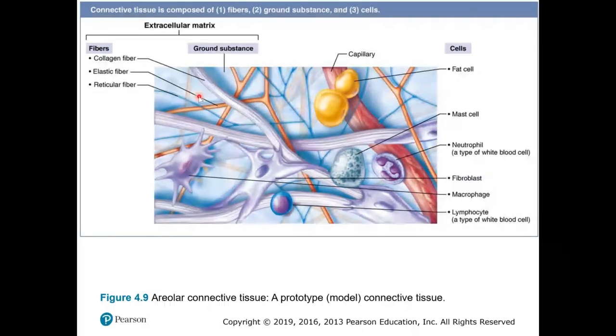We have the elastic fiber, a little bit branched, and these are the body's rubber bands. They can stretch and elastically rebound. The reticular fiber is thinner, not elastic, more branched. This is the fiber type that allows things like white blood cells to sit on it.